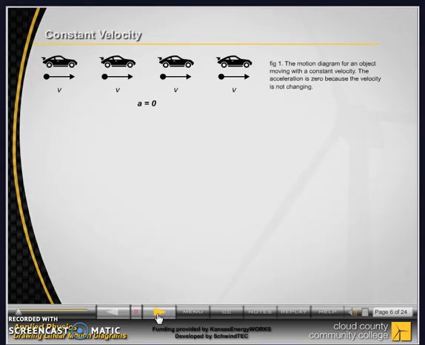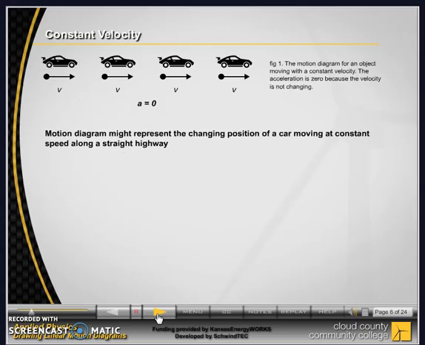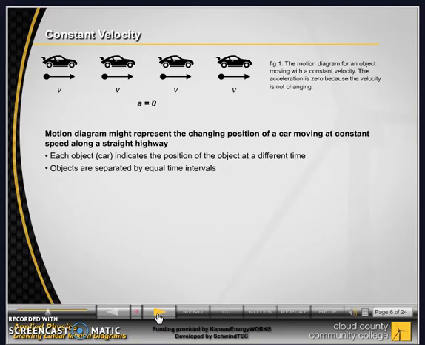The first motion diagram, shown in Figure 1, is for an object moving at a constant speed toward the right. The motion diagram might represent the changing position of a car moving at constant speed along a straight highway. Each object indicates the position of the object at a different time. The objects are separated by equal time intervals.